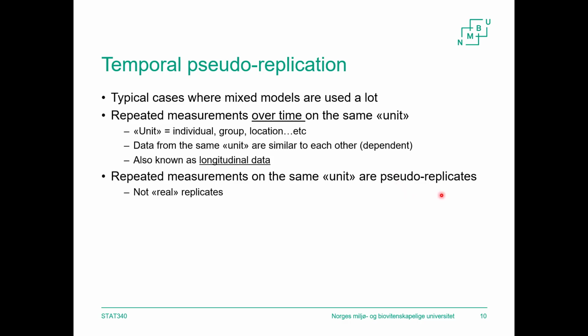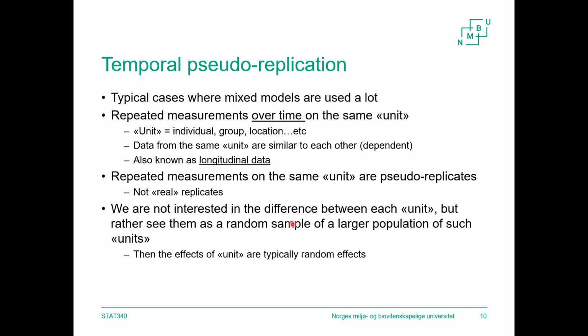So that's an extreme case of pseudo-replication. When you do this over time, it's a little bit the same, right? Because you track the same unit over time, so you expect that the next measurement will be quite similar to the previous one. But of course, it depends on the time scale here and what has happened in the meantime. But this is pseudo-replicates.